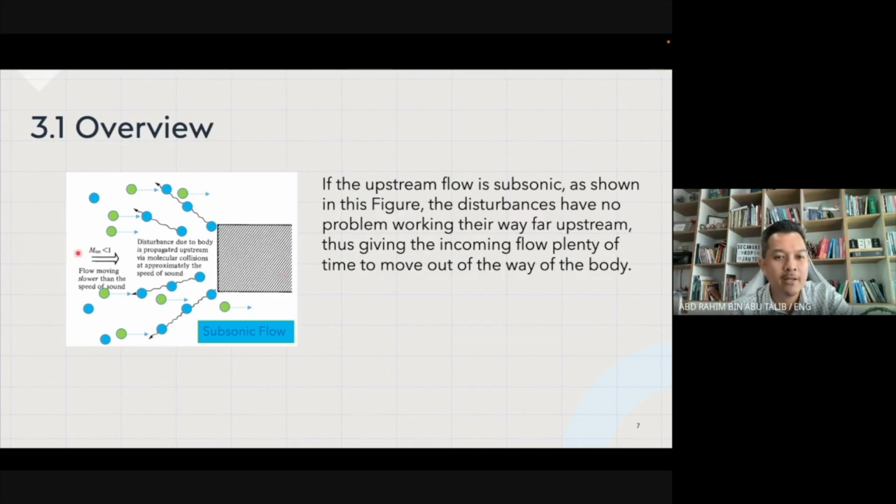When it reaches the body surface, it can be deflected around the body instead of hitting it. This is the case for subsonic flow.